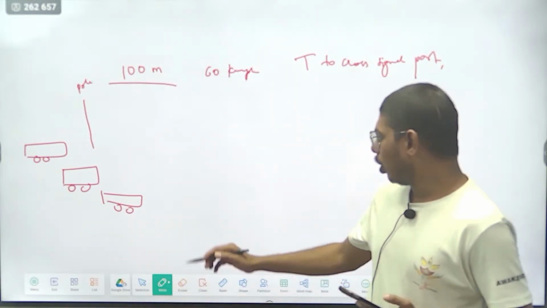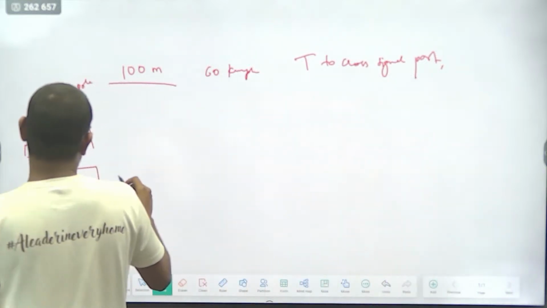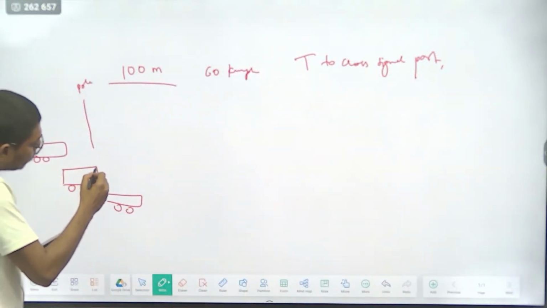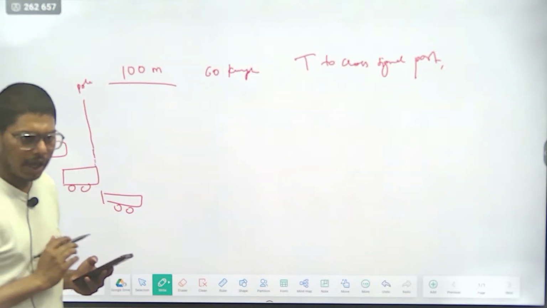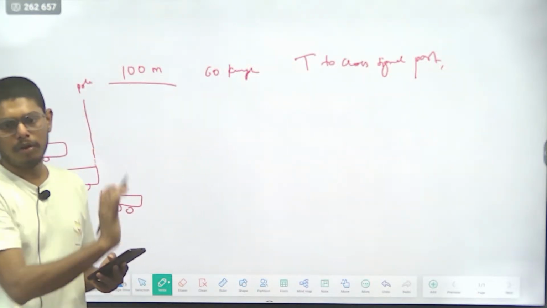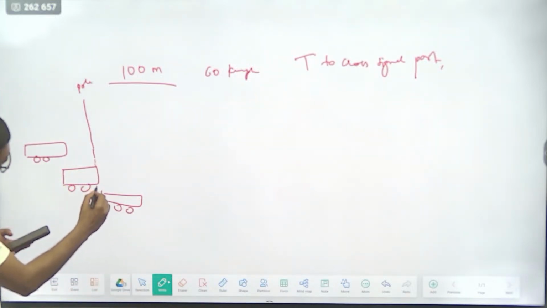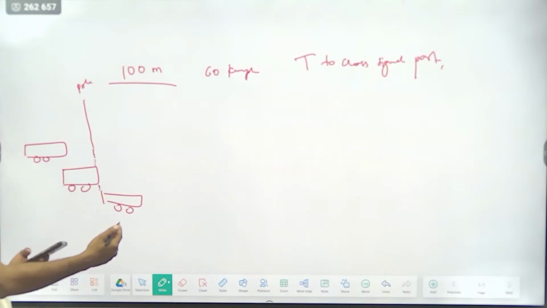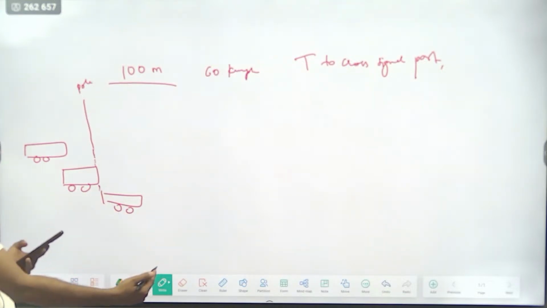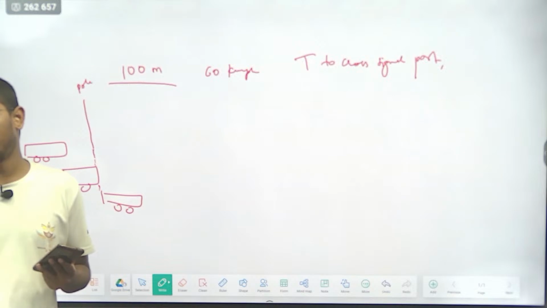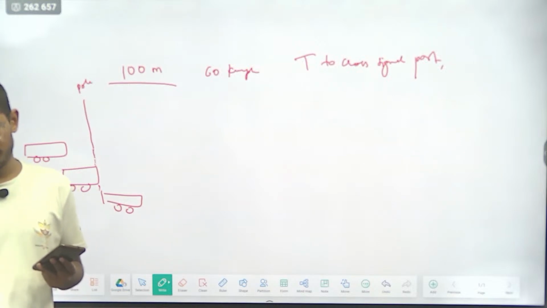So when the front of the train is in line with the pole, it has started crossing the pole. When the last wagon of the train has crossed, then we say that the train has crossed the pole.